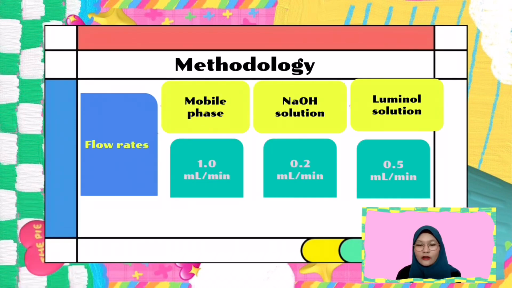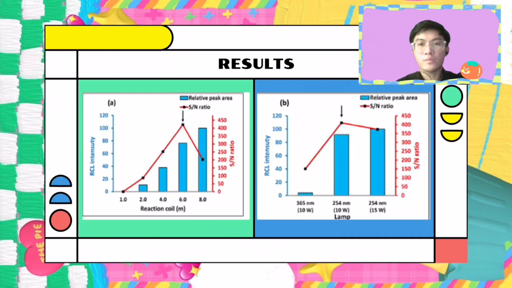The flow rates of the mobile phase, sodium hydroxide solution, and luminol solution were 1.0, 0.2, and 0.5 milliliter per minute respectively. I will present about the results of this case study.